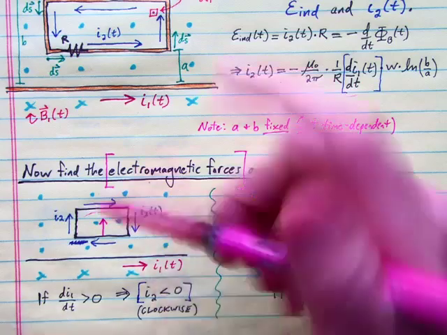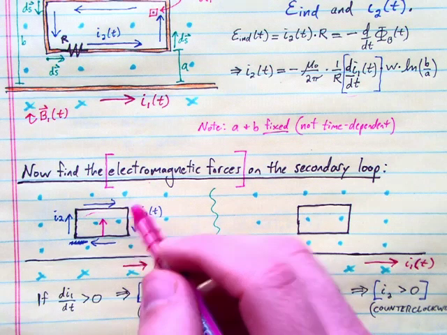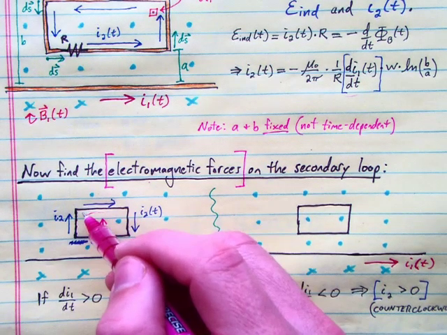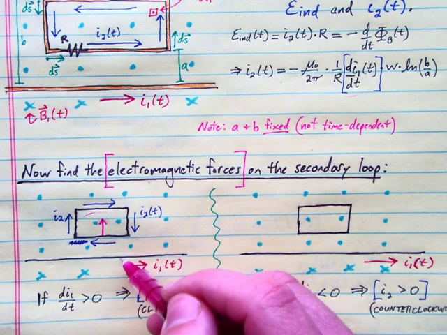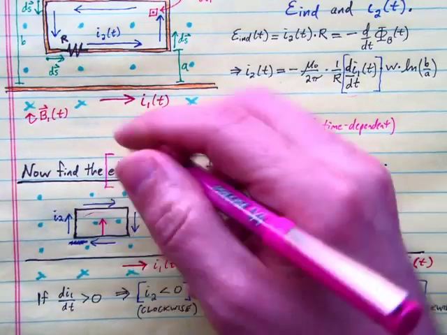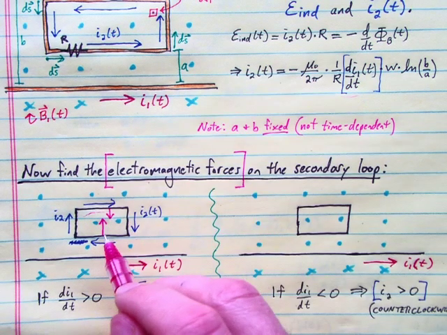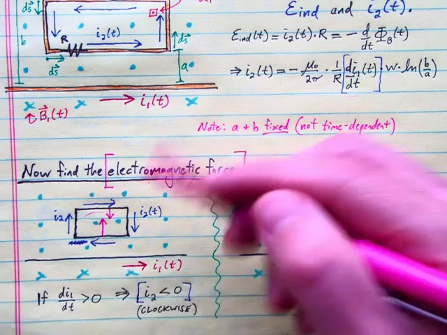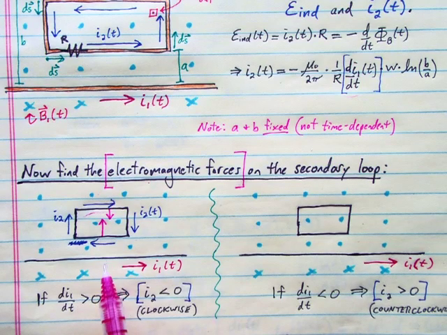This would feel a force pointing down. But note, the magnetic field up here is going to be weaker than the magnetic field down here, since this side is closer to the primary wire. So the downward force on this top section of wire will be smaller in magnitude than the upward force on this bottom section of wire. So we've got a net force in the positive direction on our loop here.